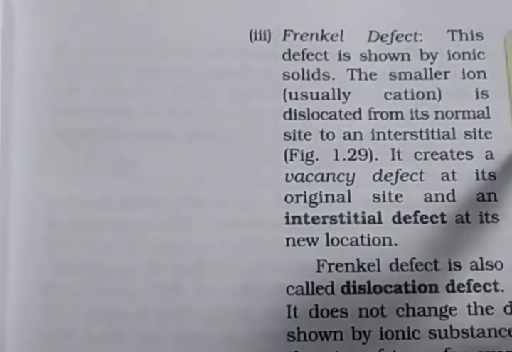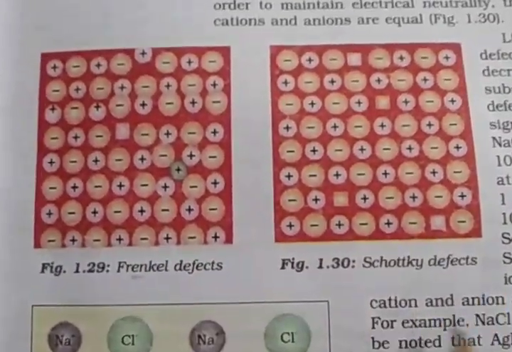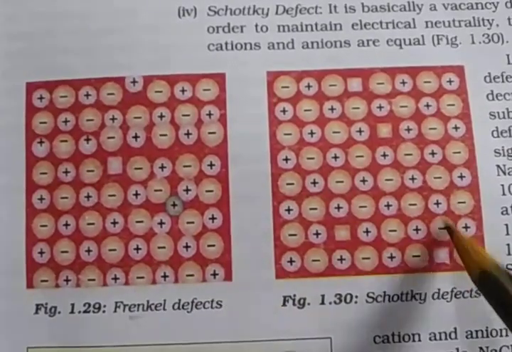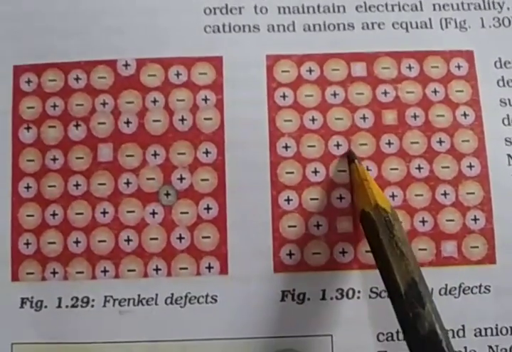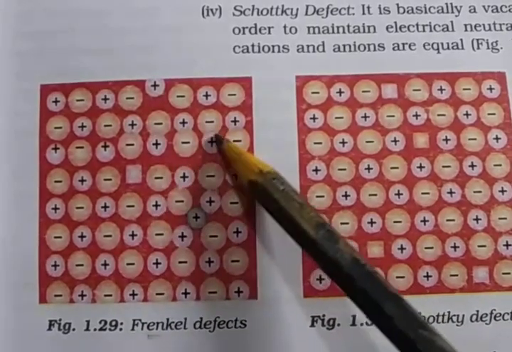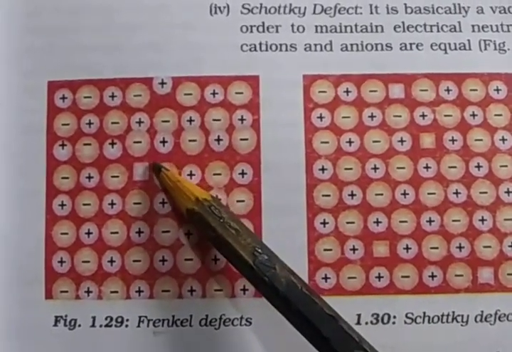The third one is Frenkel defect, and then the fourth is Schottky defect. See this difference, Frenkel and Schottky. These defects are shown by ionic solids.